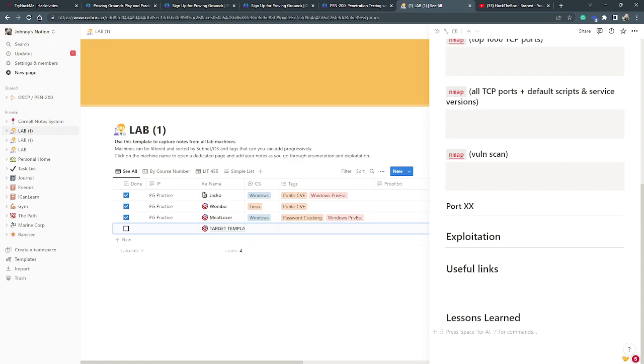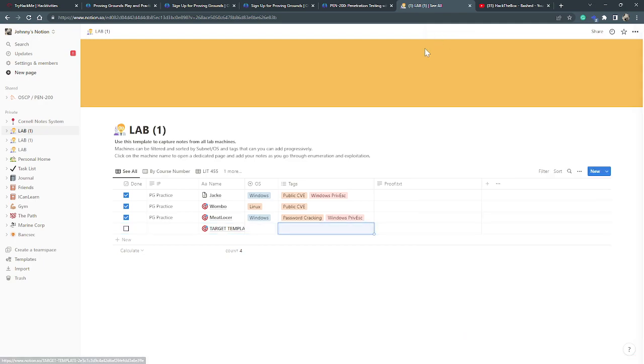You want to fill this with whatever you learn on the box, whatever the box taught you, so you can have a big database of notes that you can easily access through your Notion search, and being able to just have a huge database of different exploits, attack vectors, enumeration, and just little tips and tricks that you pick up.